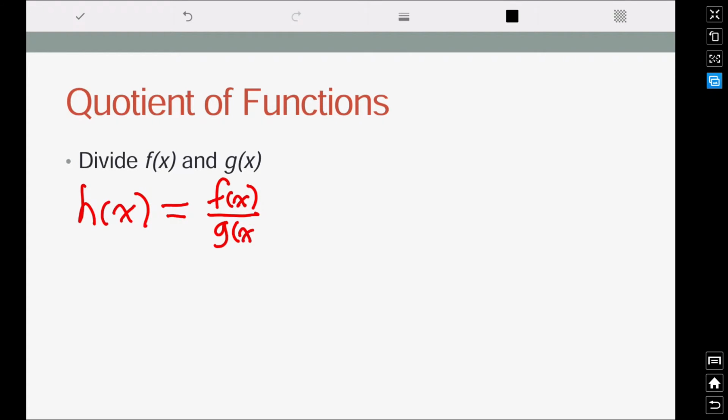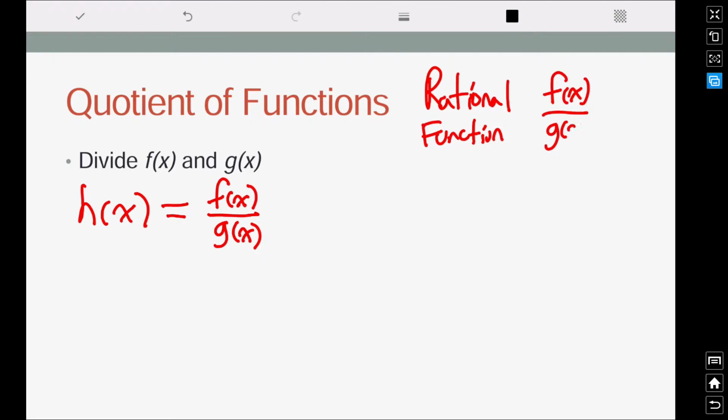You treat this very similarly to how we dealt with rational functions. If you recall, the definition of a rational function was, actually now when I think about it, exactly the same: f of x divided by g of x.